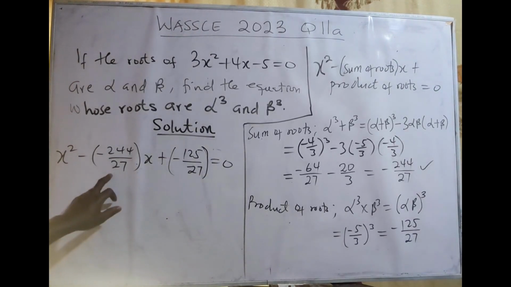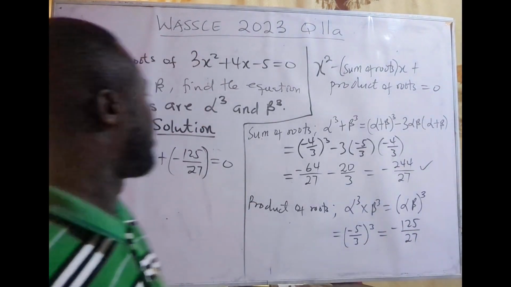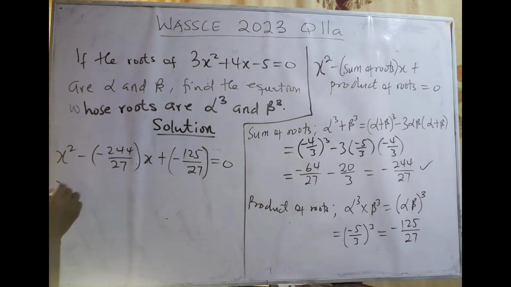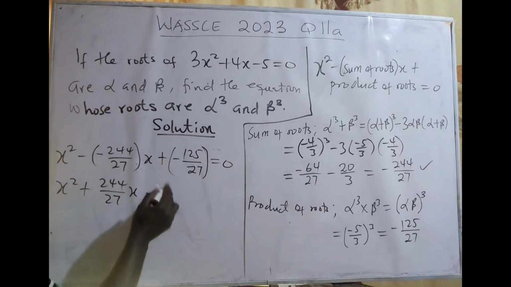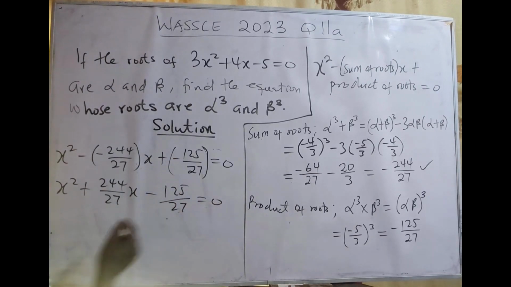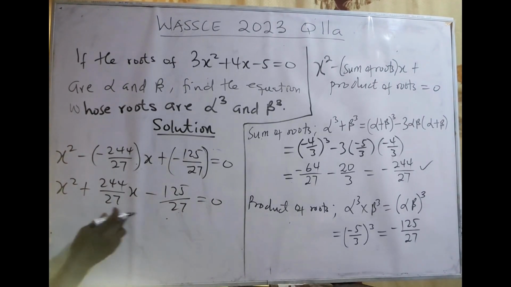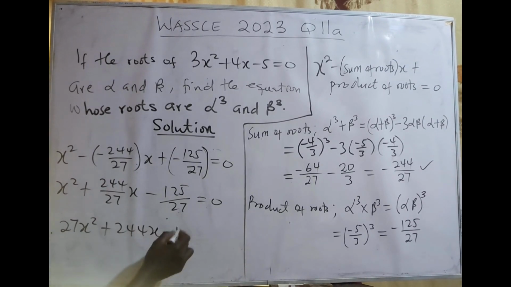So this is the sum and this is the product. Alright, so this can be written as x squared plus 244 on 27 x minus 125 on 27 equal to 0. Alright, so let's try and get rid of the denominator. So multiply through by 27. So 27x squared plus 244x minus 125 equal to 0.